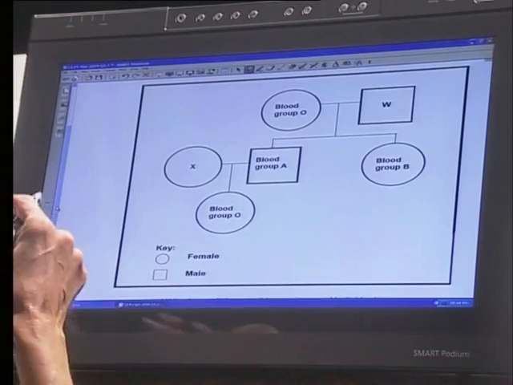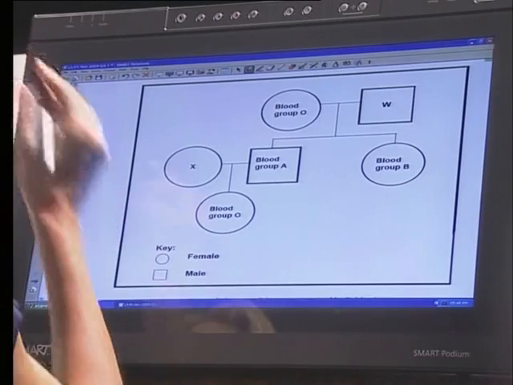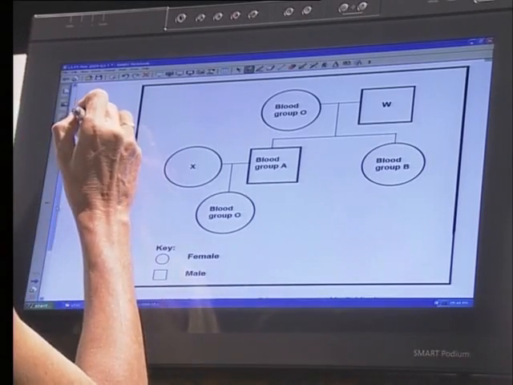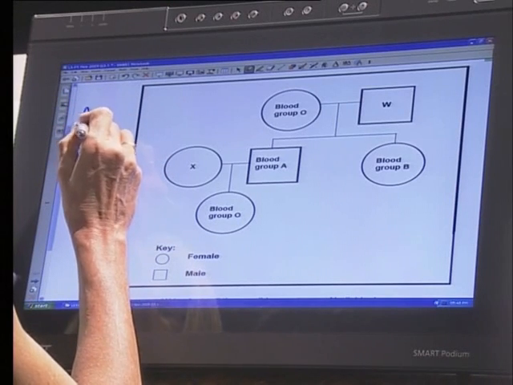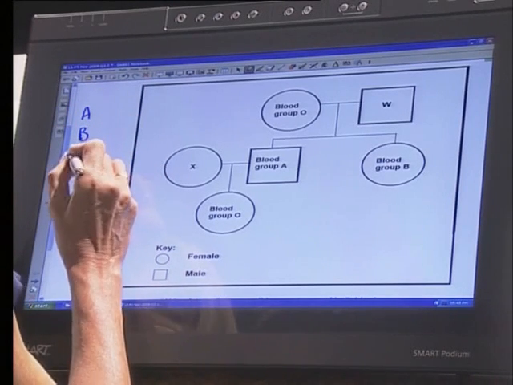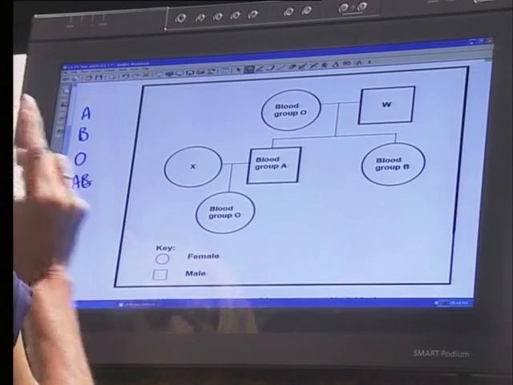Now, remember there are three types of blood alleles. There is A, there is B, and there is O, and then there's AB. Why? Because we have co-dominance.